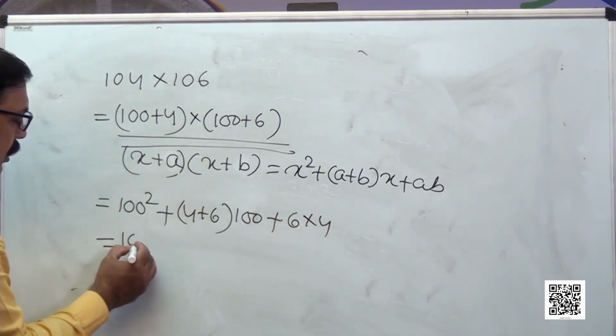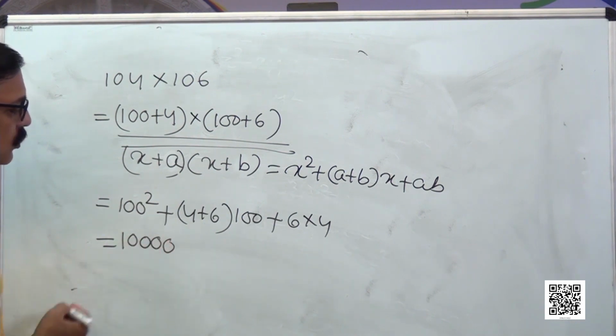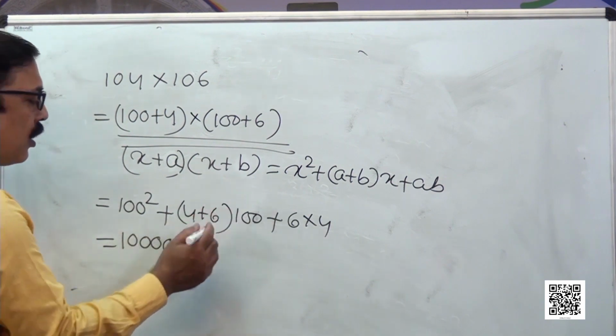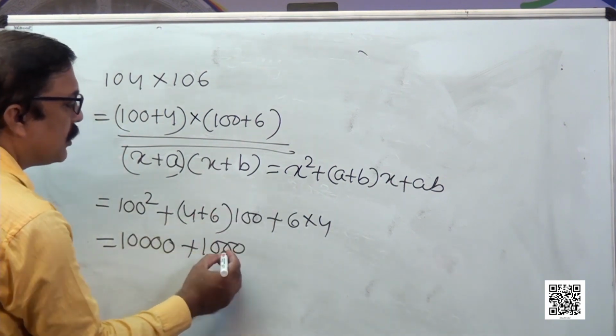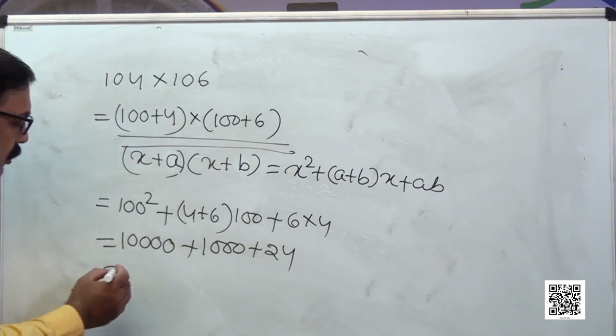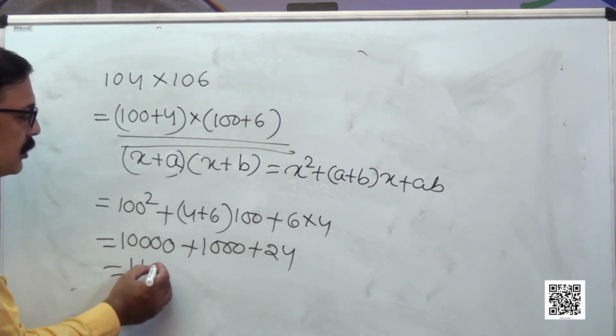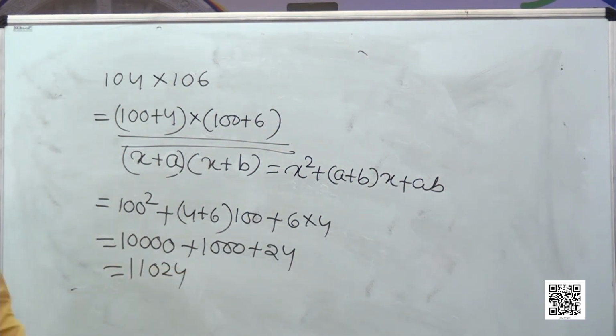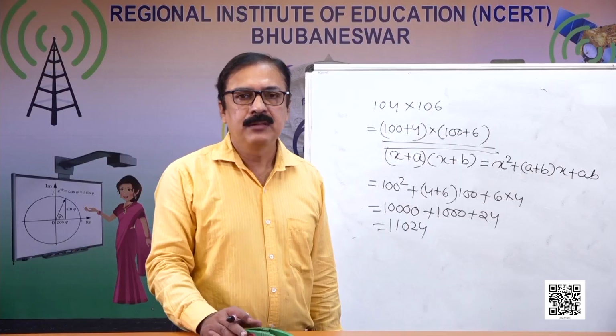That means here it is 100 square plus 10 into 100 gives 1000 plus 24. The result is 11024. If we directly multiply, we can see that the result will be 11,024. Now let's see another example.